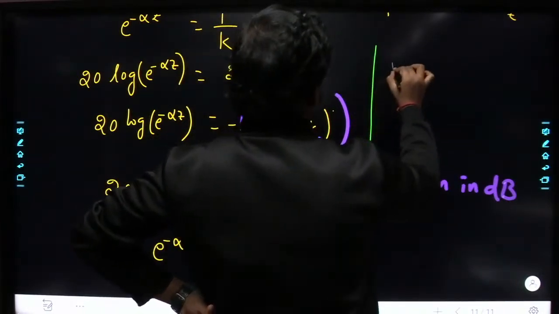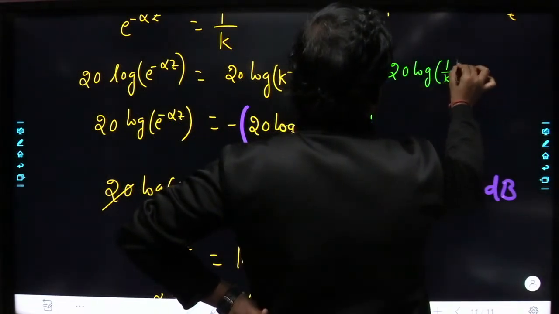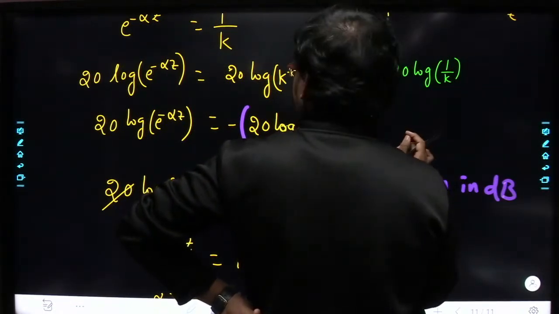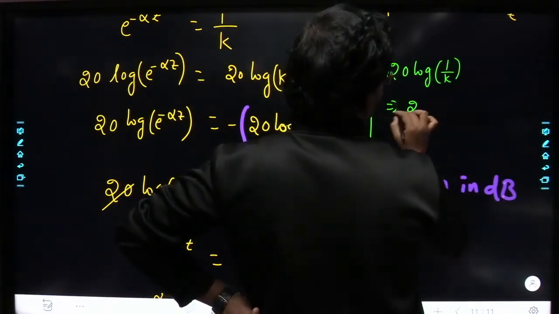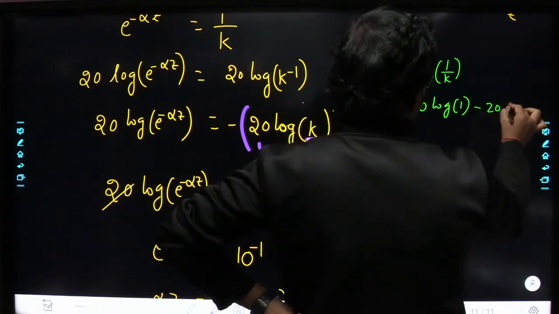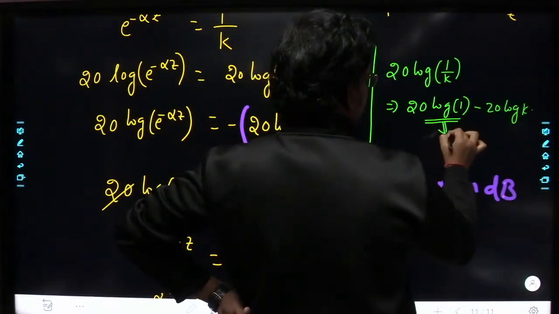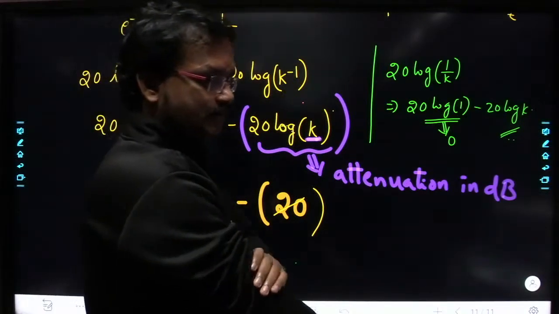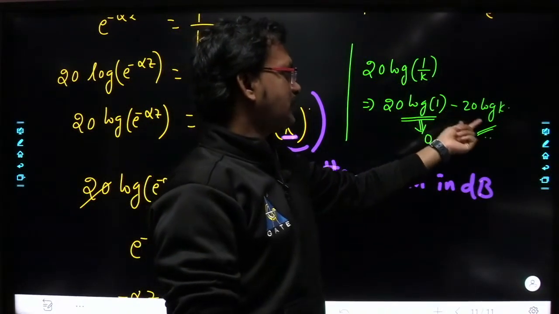See, I can say in this manner. 20 log of 1 by k, I can write it as 20 log of 1 minus 20 log k.